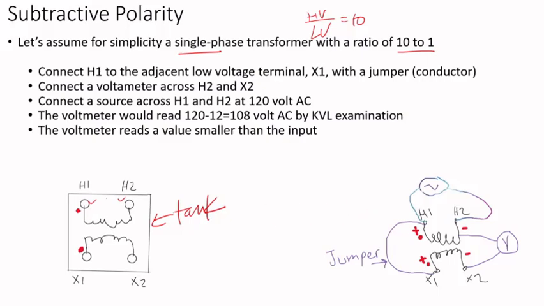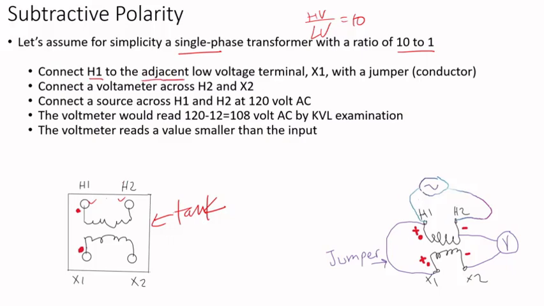And the windings, if you look at them, you have H1, H2, X1, X2. Then, so let's assume we have this connection. Then if you want to know what the polarity is, subtractive versus additive, one way you can do it, you can connect H1 to the adjacent low voltage.